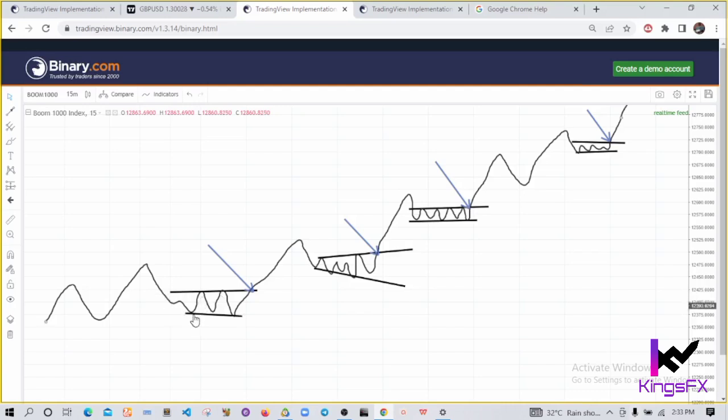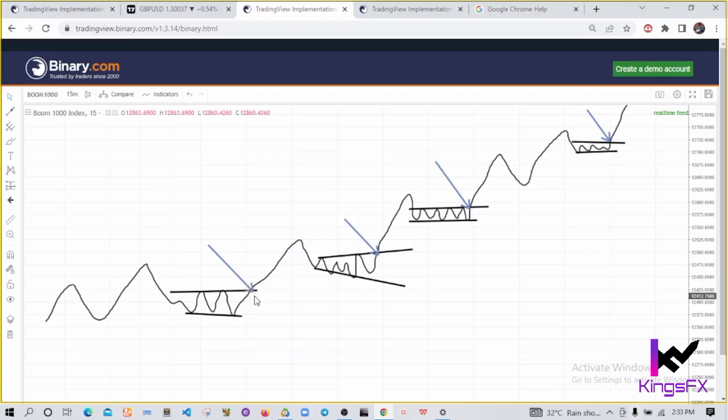Instead of just pulling back and continuing the up movement, the price decided to rest, they kind of enjoy their stay at that point. They range a bit, forming a foundation for another movement. Once you see this, you draw your horizontal line, then allow the price to break.